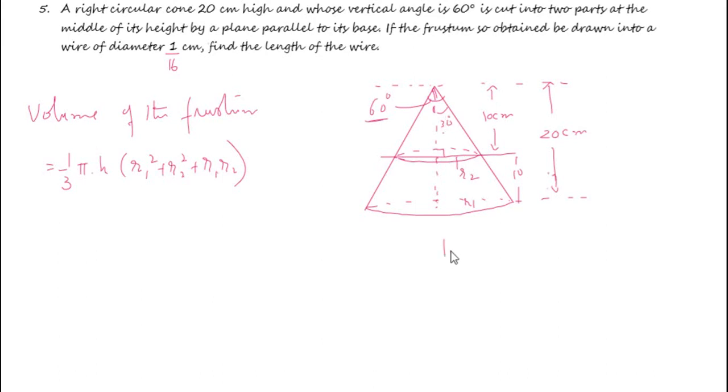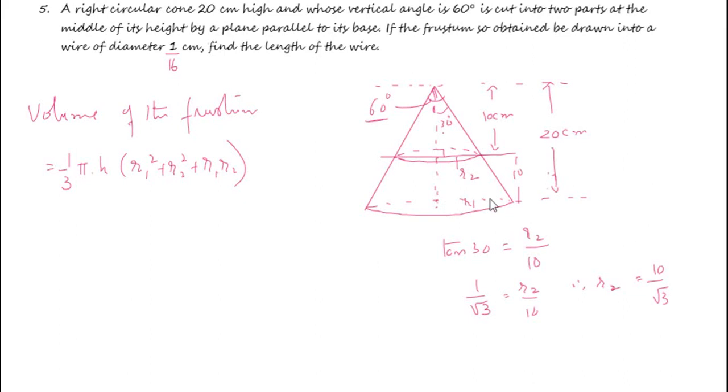So tan 30 degree equal to opposite side is r2 divided by adjacent side. Adjacent side is the height, that is 10 centimeter. Tan 30 is 1 by root 3 equal to r2 by 10. Therefore r2 equal to 10 divided by root 3.